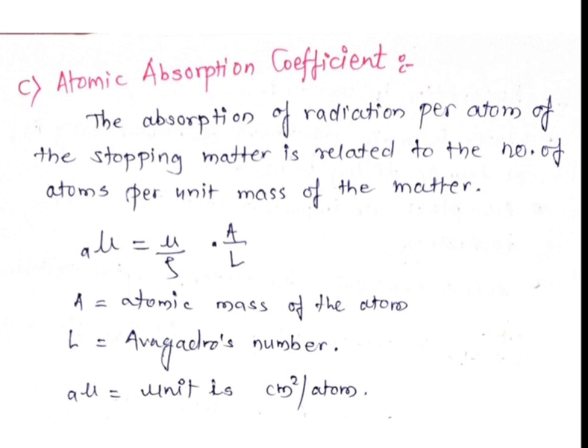Here the new terms included are capital A, which is the atomic mass of the atom, and capital L, which is Avogadro's number, and a-mu is the atomic absorption coefficient, and its unit is centimeter square per atom. So, the atomic absorption coefficient is related to the mass absorption coefficient, atomic mass, and Avogadro's number, and its unit is centimeter square per atom.